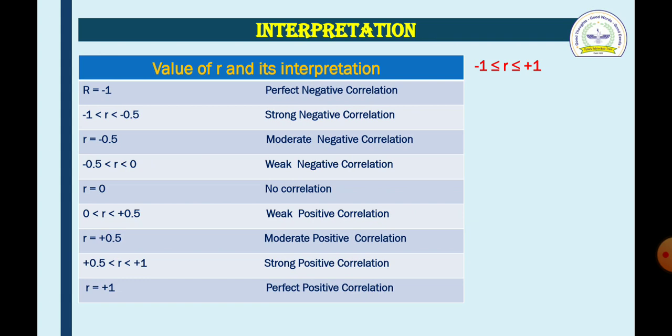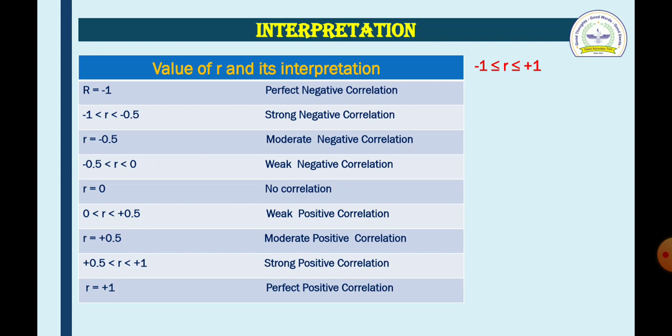If r equals -1, then there is perfect negative correlation. If r lies between -1 and -0.5, then there is strong negative correlation. If r equals -0.5, then there is moderate negative correlation.